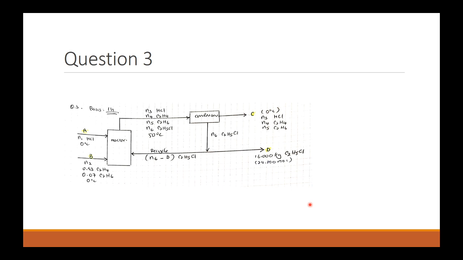So this is a diagram that we redraw again, and we put in all the information in. We label it with A, B, C, and D stream along with its number of moles, inlet stream names N1, N2, N3, N4, and so forth. Okay.